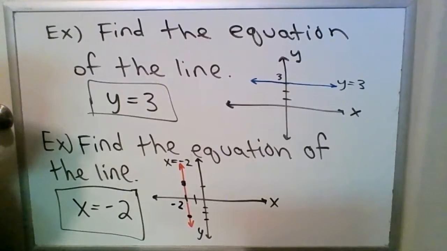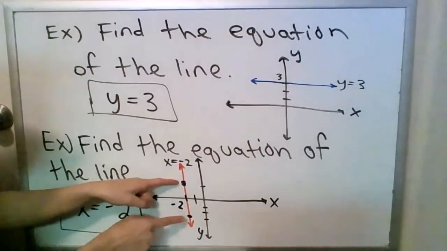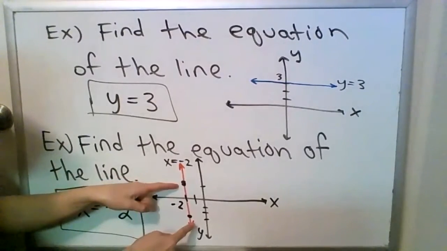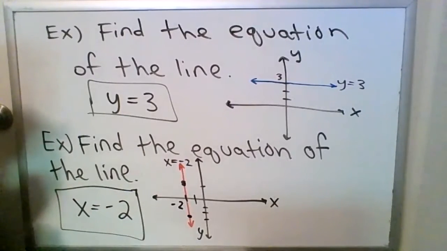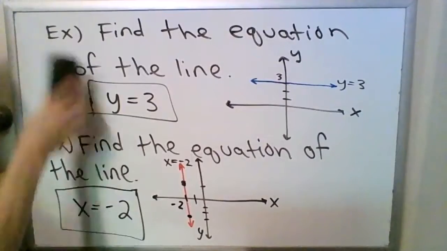And I've mentioned before that to draw a line, you just need 2 points, and then you can connect them with a straight line. And 2 points that are really good to find, or easy to find, are called intercepts, your x and y intercepts.